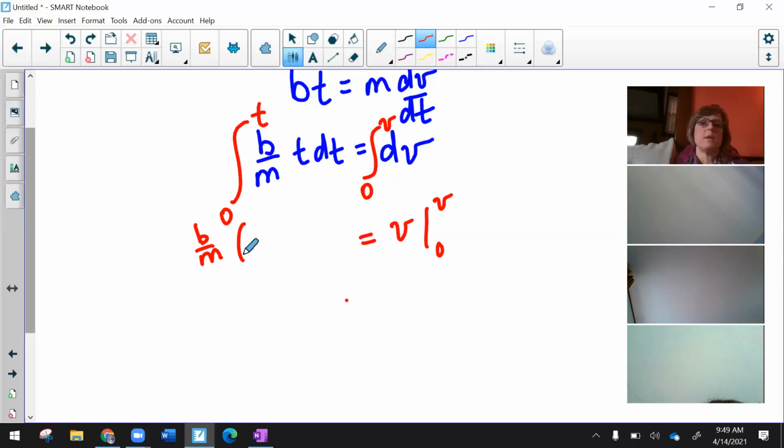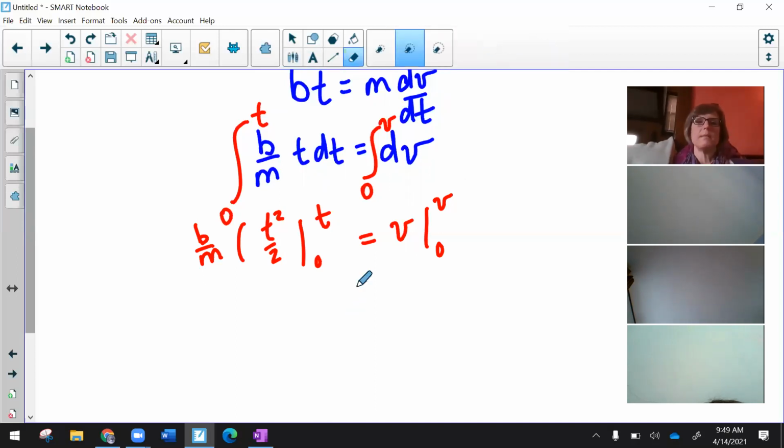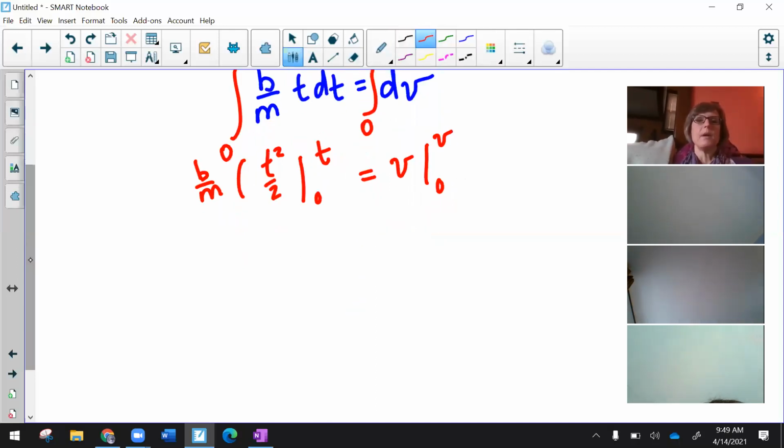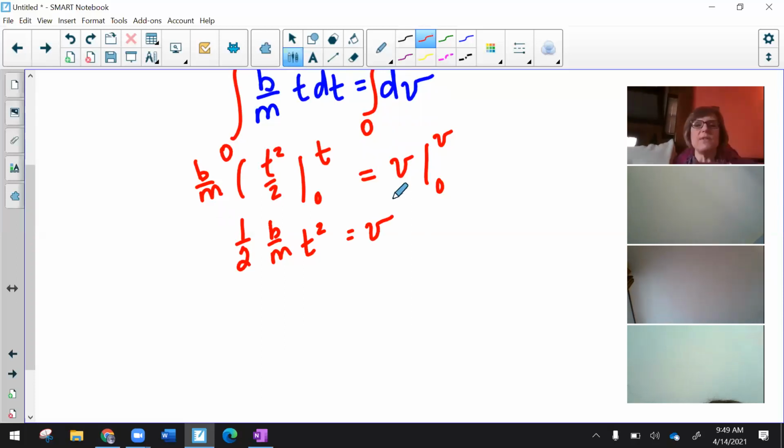T squared over 2. Yep. And again, I'm going to evaluate that from 0 to t. So that's basically going to give me 1/2 b over m t squared is equal to v. And that is, in fact, what the answer is.